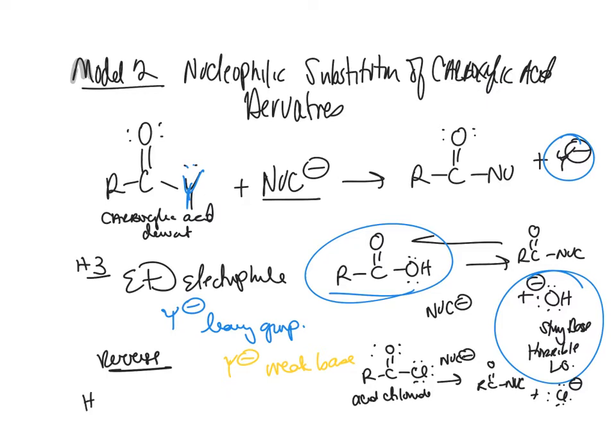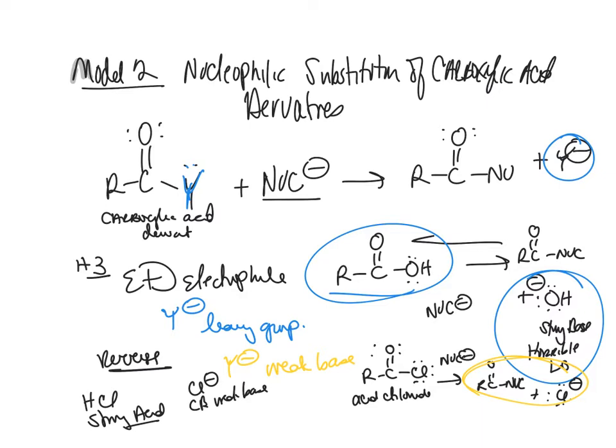And you know that because HCl is a strong acid. It's a very strong acid, right? And so its conjugate base has to be a weak base. That's the principle. And so in that case, the reaction would proceed in the forward direction. So if Y is a weak base, the reaction would go forward.